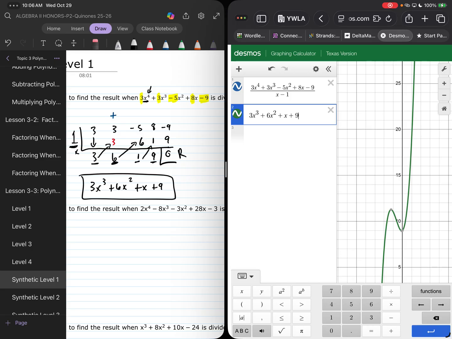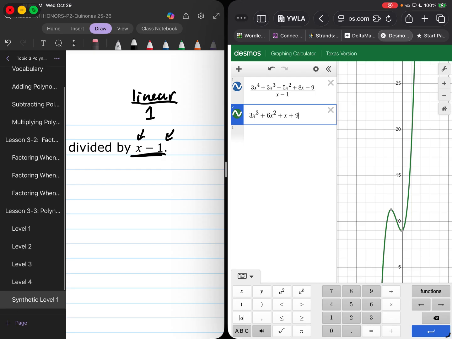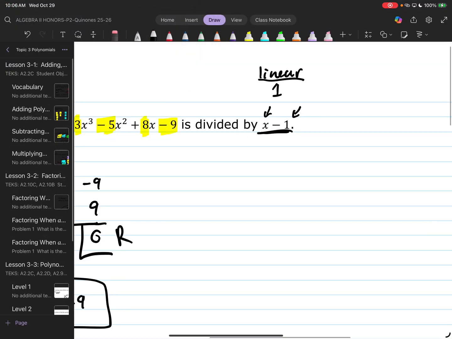Looks like we did it right. Again, this is an algorithm that works only if I'm dividing by a linear term and the coefficient of that linear term is 1. This will quickly allow you to divide. Boom, you're out.